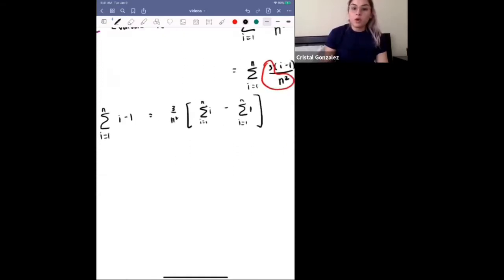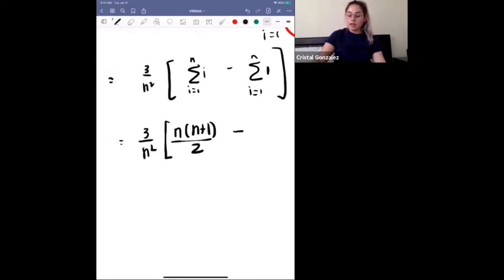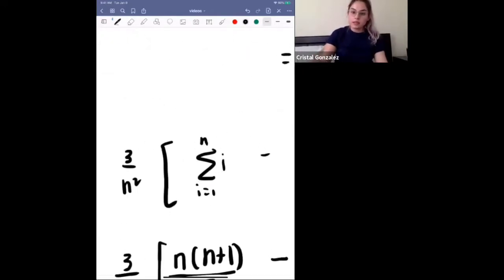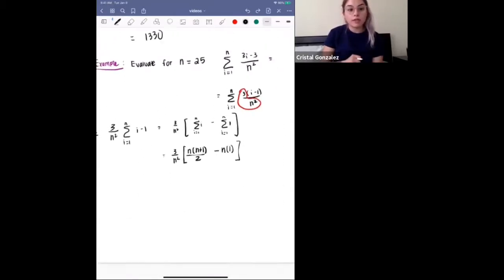And we already know how to evaluate these formulas. We just went through all those properties, so we can go ahead and plug it in. Remember that the formula for i was n plus 1 all over 2, and then minus n times 1 in this case. I can leave it as n because my end index is n, and I'm going to keep it like that for a reason towards the end, so that we can introduce infinity.